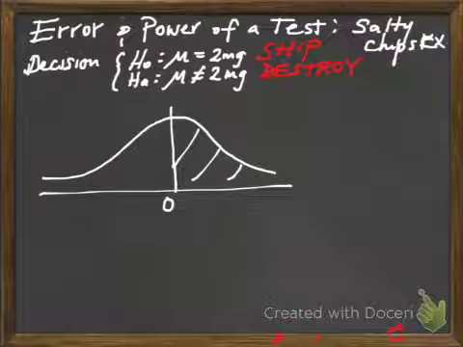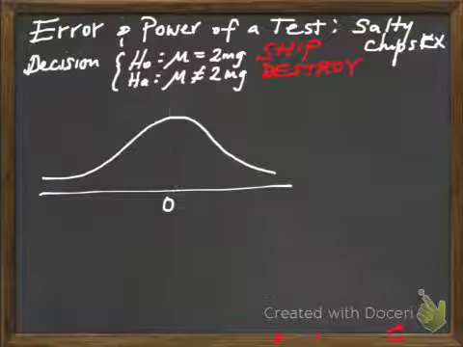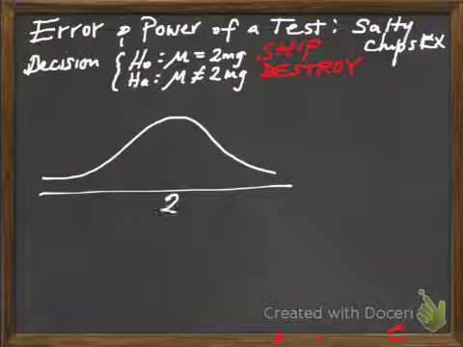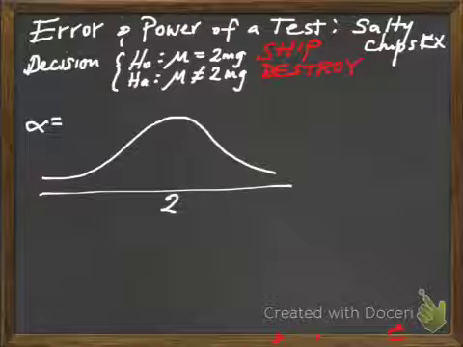Well, that's not what we have here. This is 2 milligrams of salt, and we're not going to cut it down the middle. We're going to give it the old 95%. So 5% significance, say alpha equals 0.05.